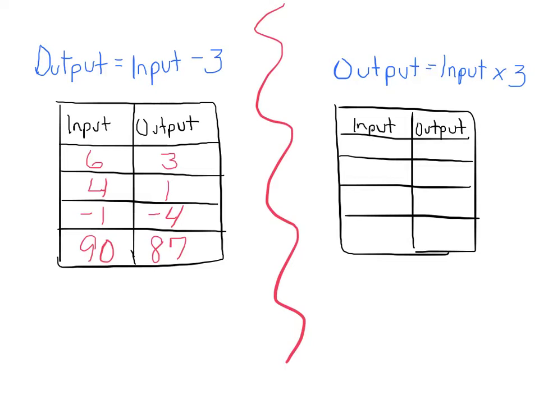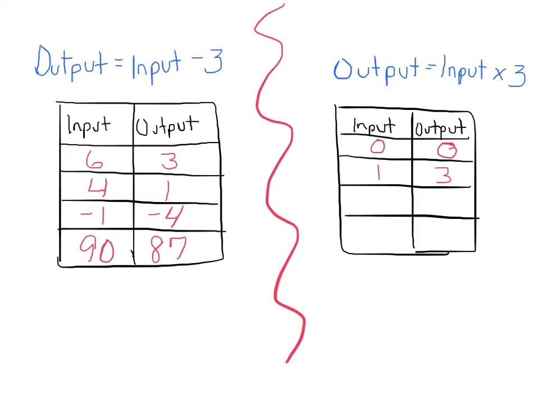This can also work for relationships where I multiply. For example, my output might be my input times 3, which means if I put a 0 in for an input, my output would be 0 as well, because 0 times 3 is 0, which isn't one of the best examples. So let's take 1. 1 times 3, my output is going to be 3.